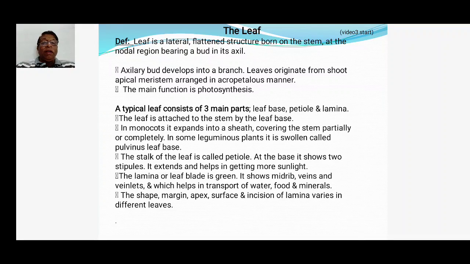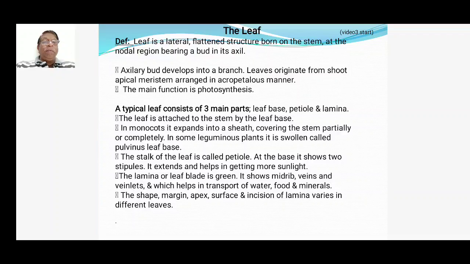Okay. Next, the third part: the lamina, or leaf blade. It is a major part in the leaf. It is generally green in color. Green means it takes part in photosynthesis.